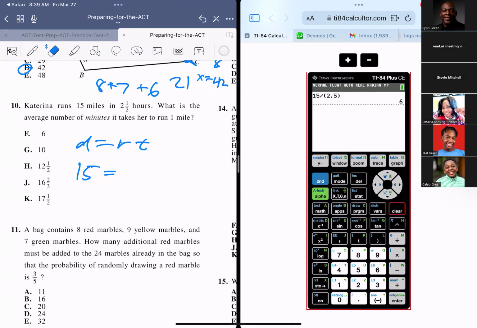Did I do something wrong for this one? You could definitely check it by plugging in the answer and then going backwards.